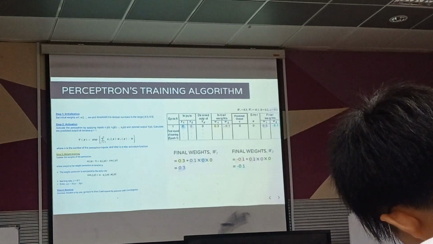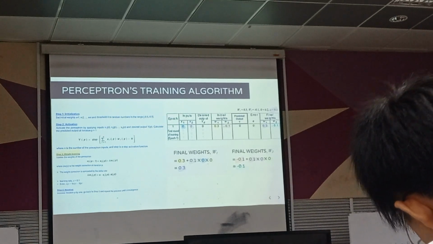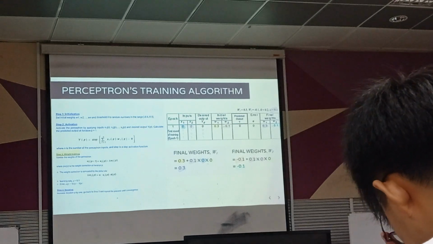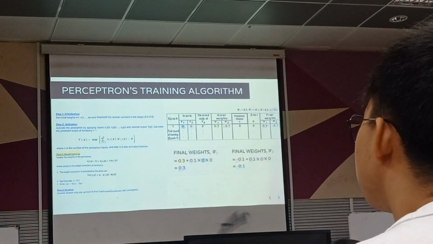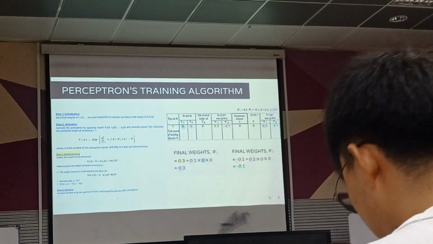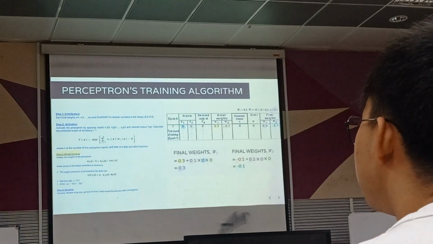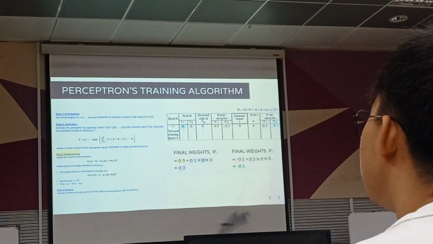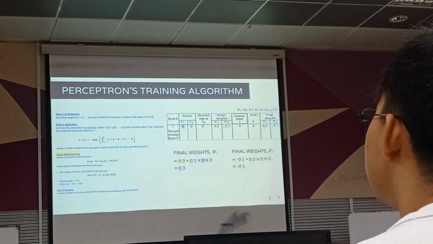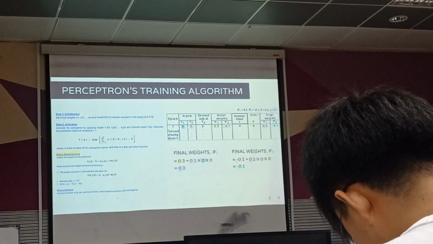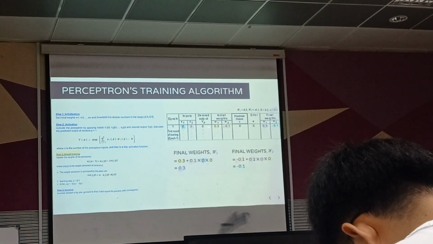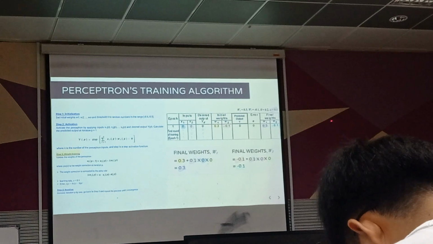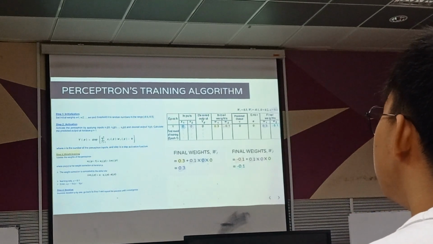So it means that 0.3 is adjusted, making it 0.3 as well. Repeat for the x2. Negative 0.1 plus 0.1 multiply 0, so you will get negative 0.1. So in this iteration, you will see that w1 and w2 remain the same.